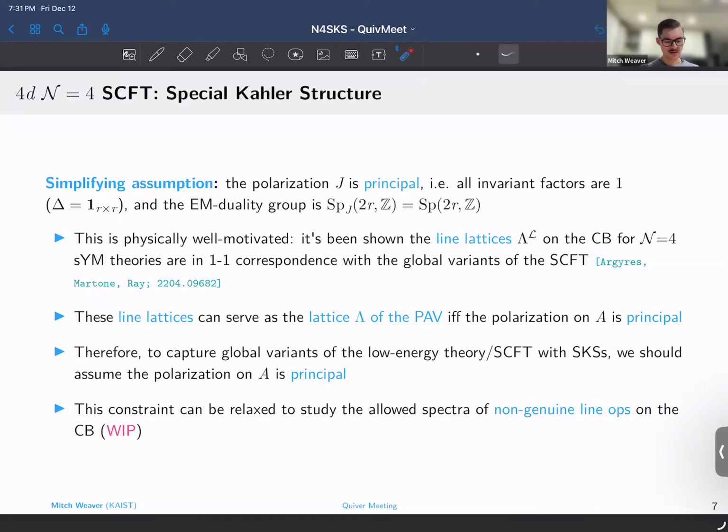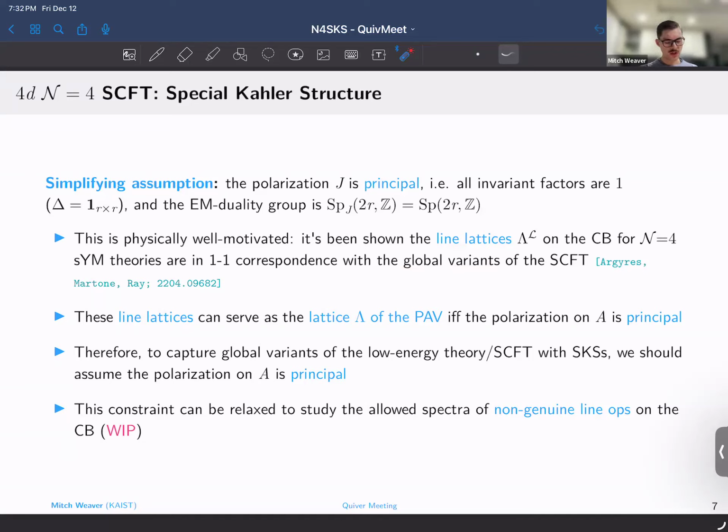And this is physically well motivated for the following reason. In this nice paper by Philip Argyres, Mario Martone, and Philip's former student Michael Ray, they showed that there are certain lattices they define called line lattices out on the Coulomb branch of an N=4 super Yang-Mills theory, and they're in one-to-one correspondence, at least in pure number, not taking into account the action of S-duality or anything, with the number of global variants, or what's also known as the global forms, of the gauge group.